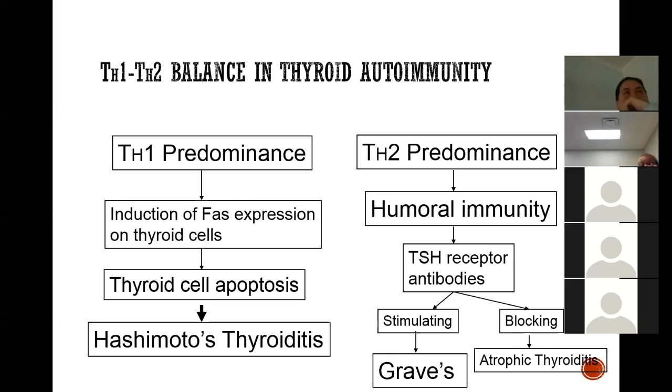It's going to cause inflammation and typically some degree of goiter. Whereas Graves' disease is a Th2 predominance, humoral immunity. You're going to get a TSH receptor antibody that stimulates. You can also make a blocking antibody that causes the thyroid to become atrophic. Both are possible. And then you've got Graves' there for the stimulating one.